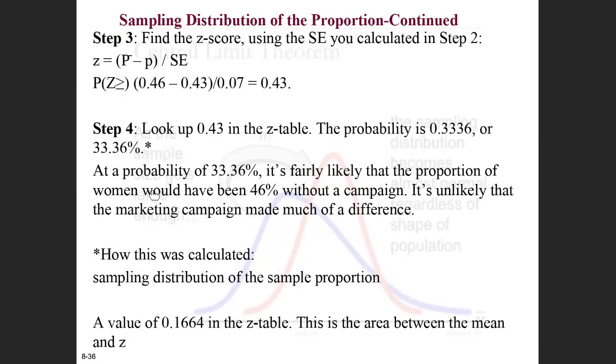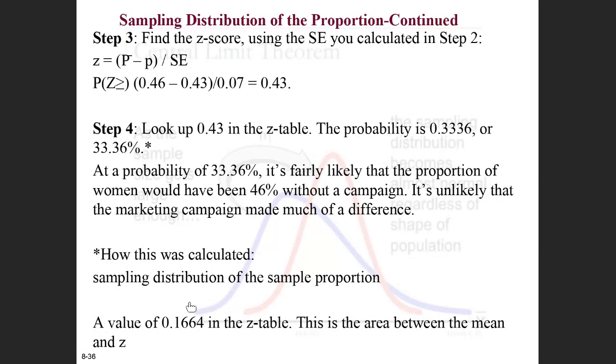At the probability of 33.36%, it's fairly likely that the proportion of the women would have been 46% without a campaign. It's unlikely that the marketing campaign made a difference. Okay? How is this calculated?